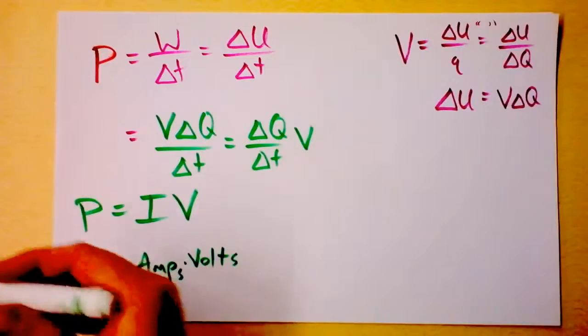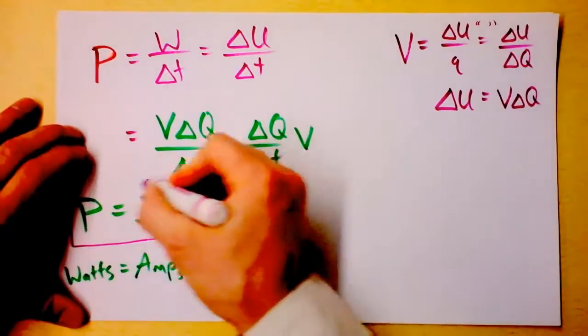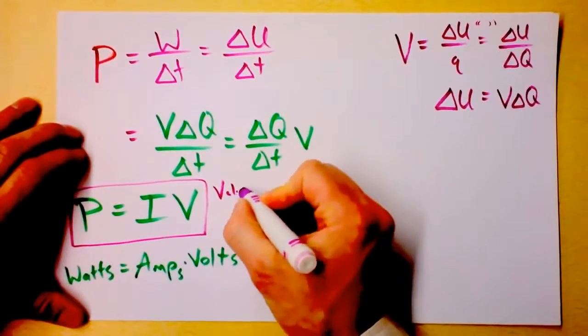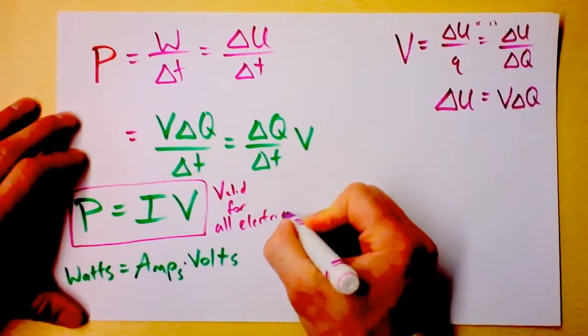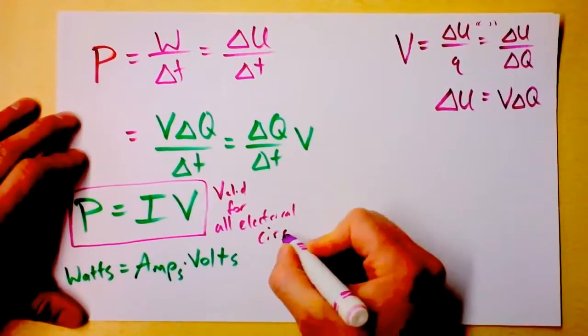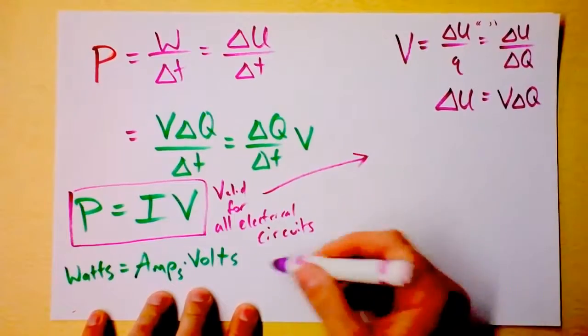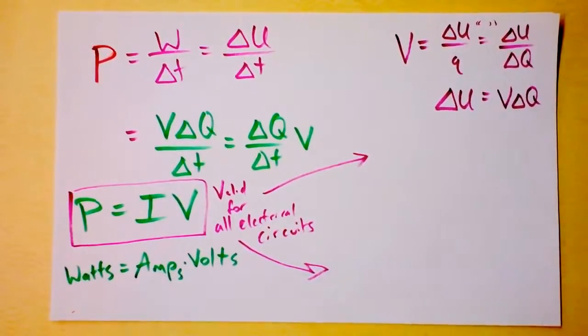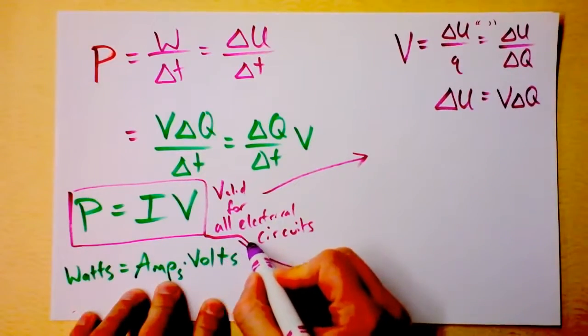Now this equation is such a beautiful equation, it is valid for all electrical circuits. But we could take this equation two different directions using Ohm's law, and this would not be the case. Let's see, I should box this in here.